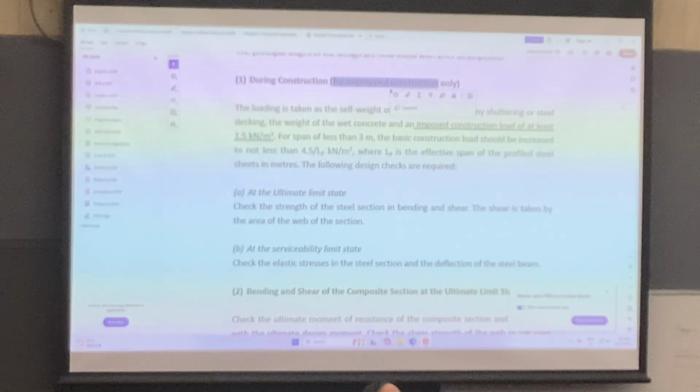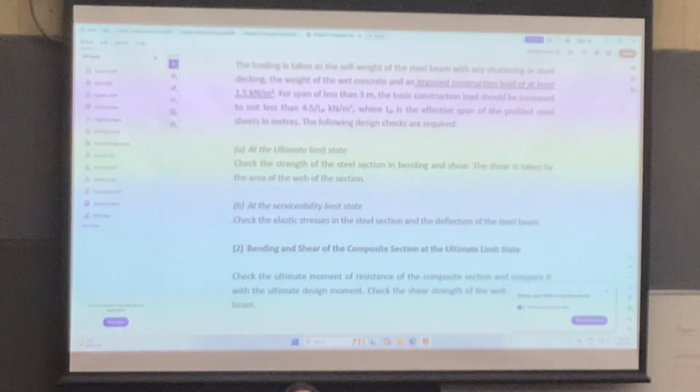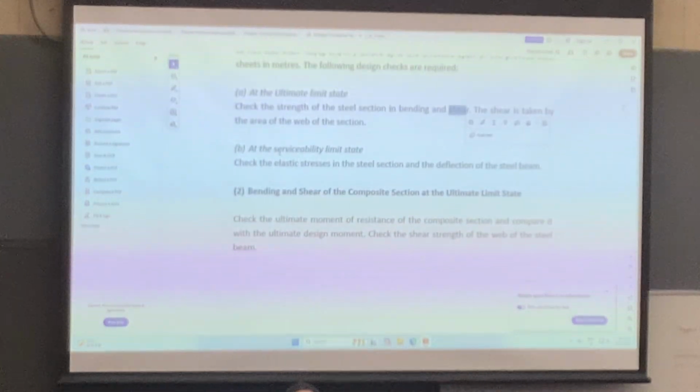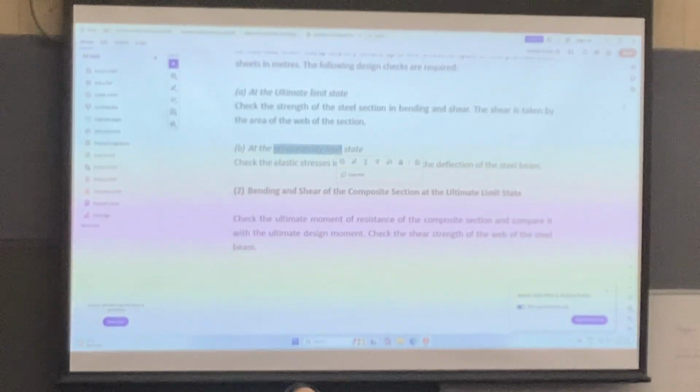For this one, we need to check the ultimate limit state for both bending and shear. And we also need to check the serviceability limit state. That means we check for deflections.